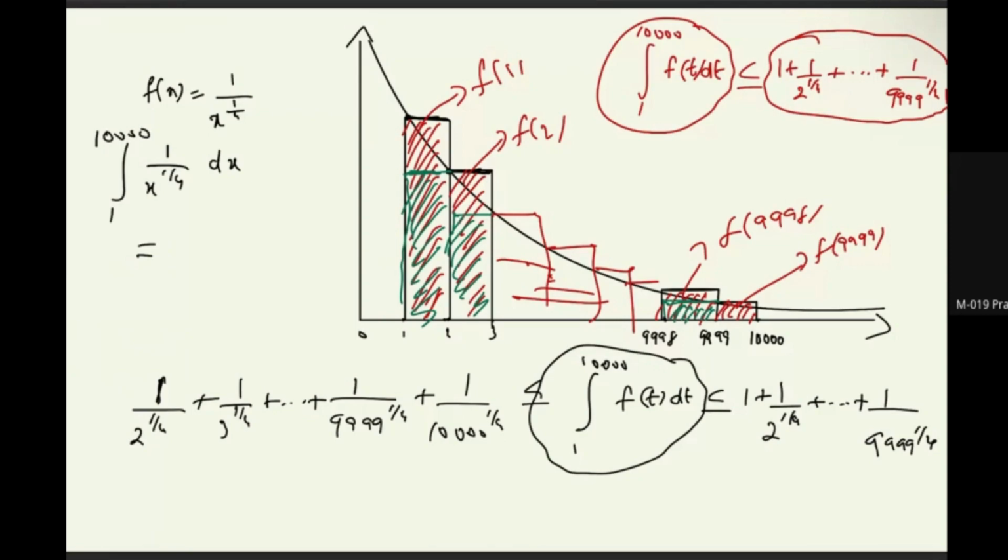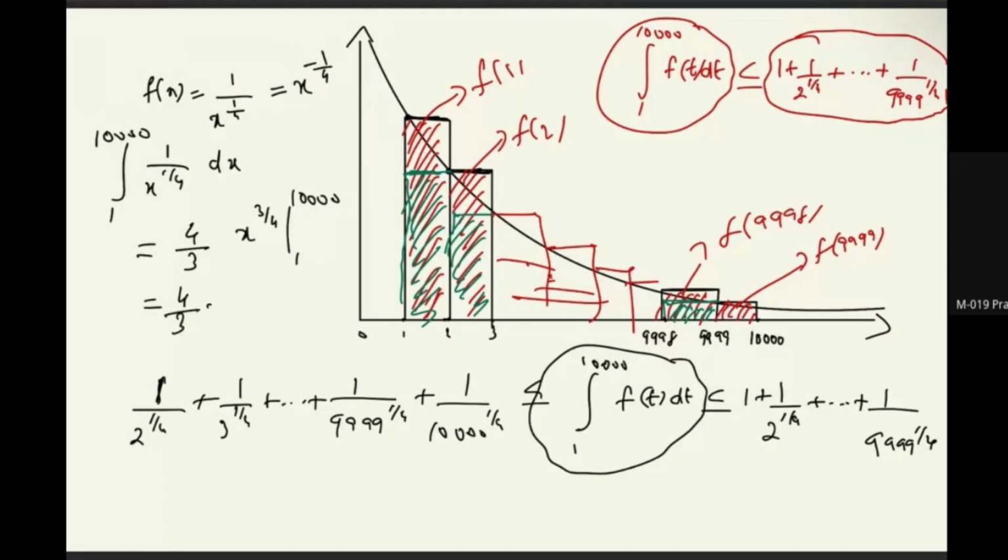It is x power minus 1 by 4, and you know how to integrate x to any power. x power minus 1 by 4 plus 1 gives x power 3 by 4, divided by 3 by 4, so you get 4 by 3 x power 3 by 4. Is it what you are getting? You have to check it. Just integrate it; integration you must know.